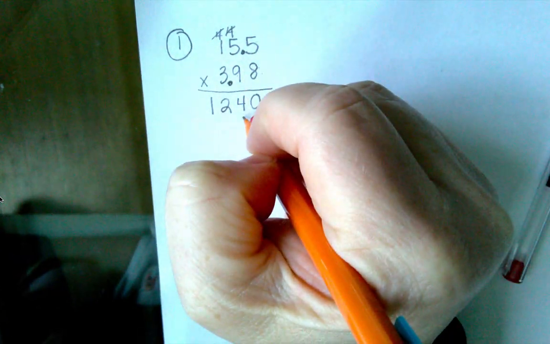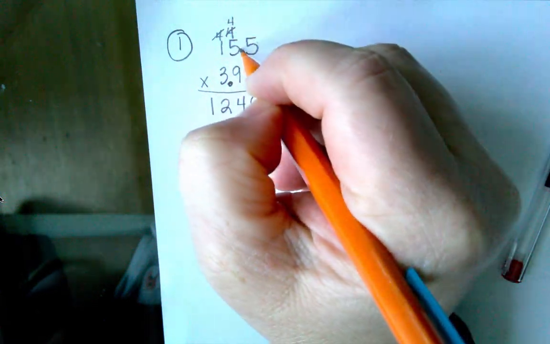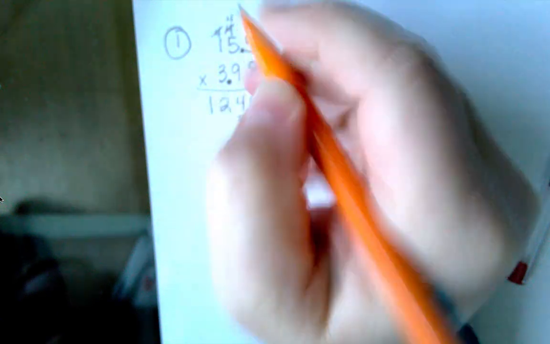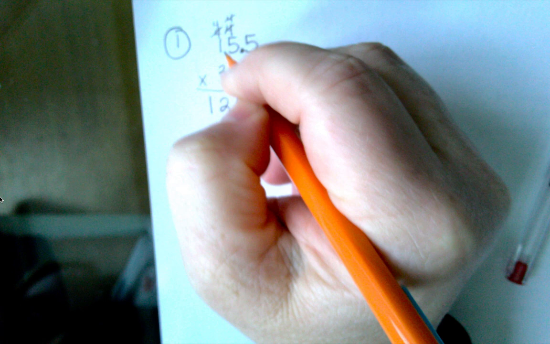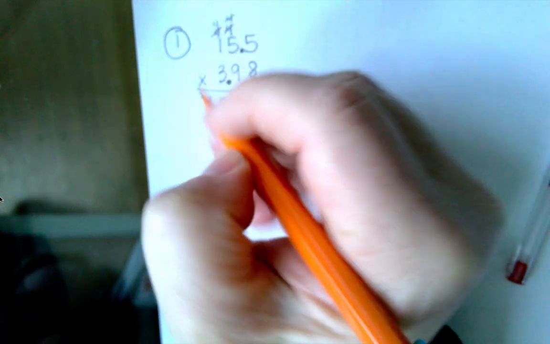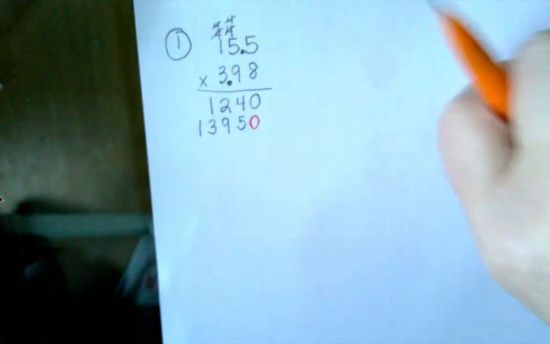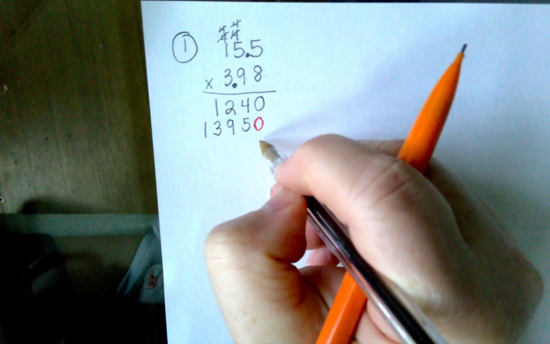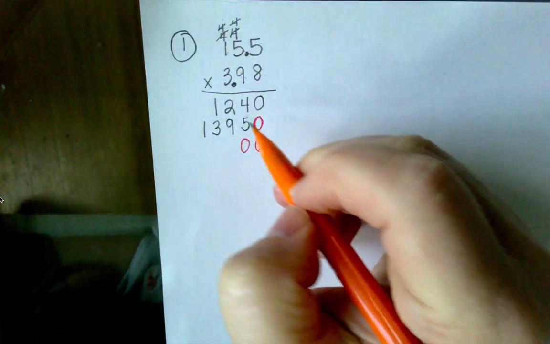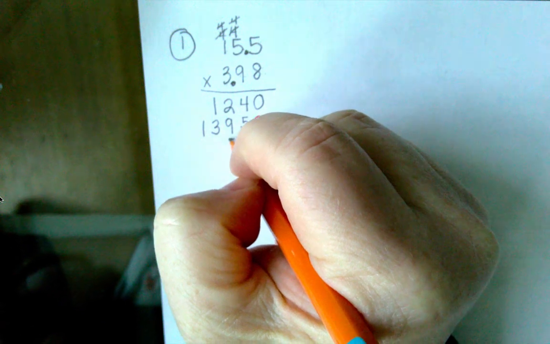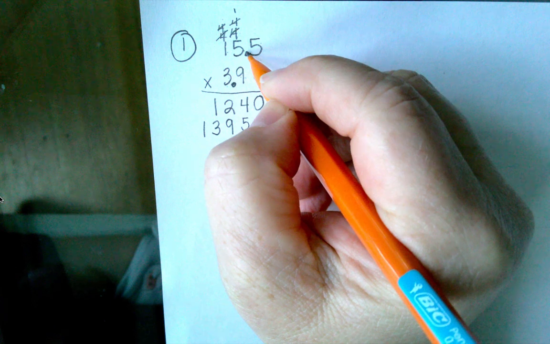9 times 5 is 45. Carry the 4. 9 times 5 is 45 again, but plus 4 more is 49. Cross out that 4. 9 times 1 is 9, plus 4 more is 13. And then cross that one out. Now I have another digit, my 3. So placeholder, placeholder. 3 times 5 is 15. Carry the 1. 3 times 5 again is 15.